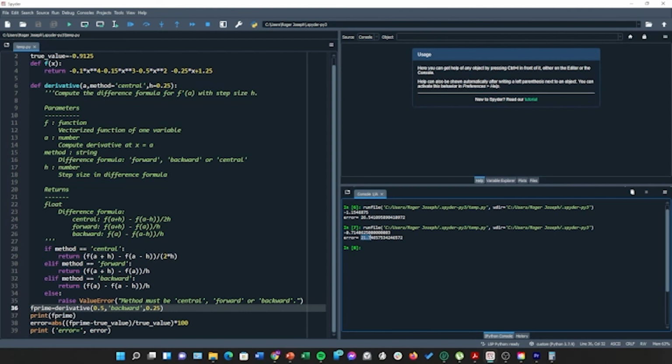And then we'll try central difference. For central difference, our value is negative 0.9344 with an error of 2.39%, which is very low. Compared to forward and backward difference, we have an error of just 2.4%.